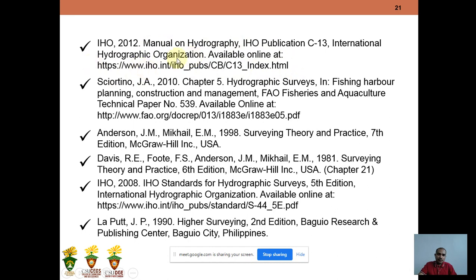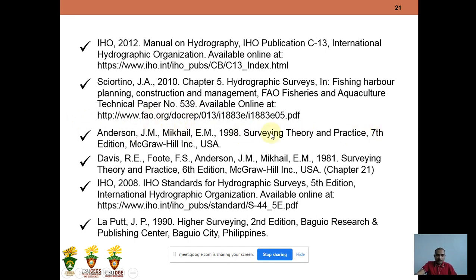So it will come out. Then I am also using Shortino 2010, but specifically only Chapter 5, the hydrographic surveys in fishing harbor planning, construction management, FAO Fisheries and Aquatic Technical Paper 539. It is also available on the website of fao.org.